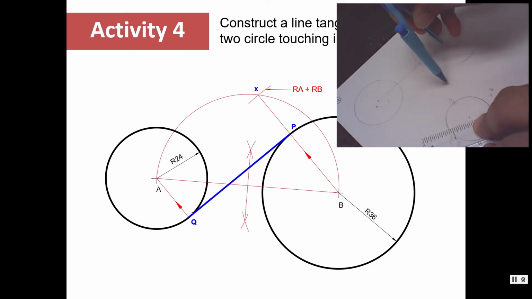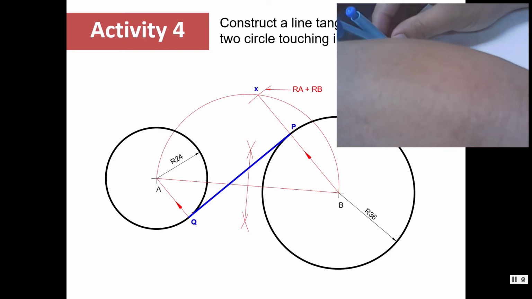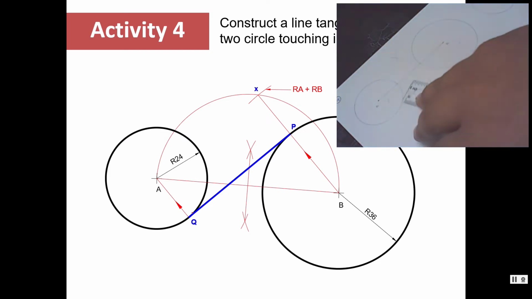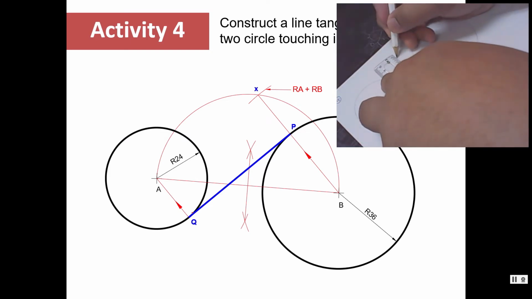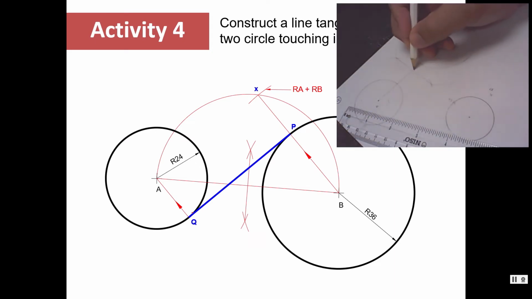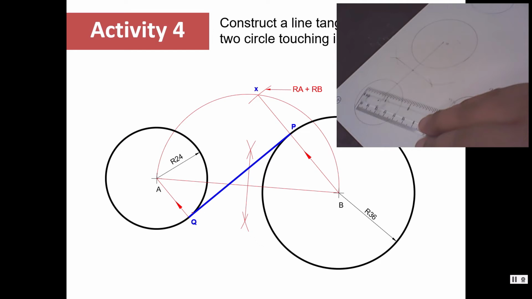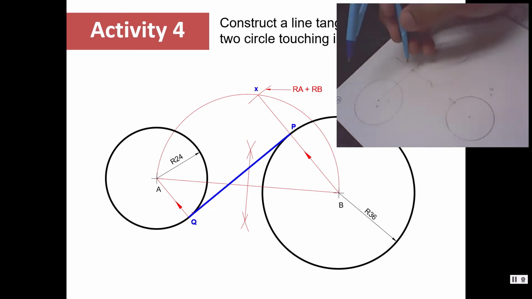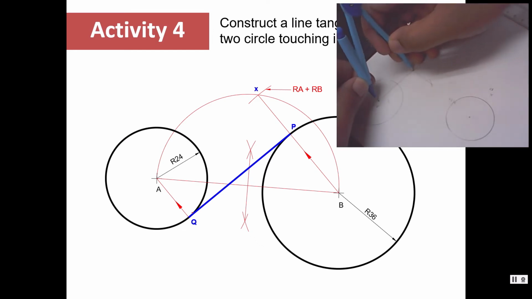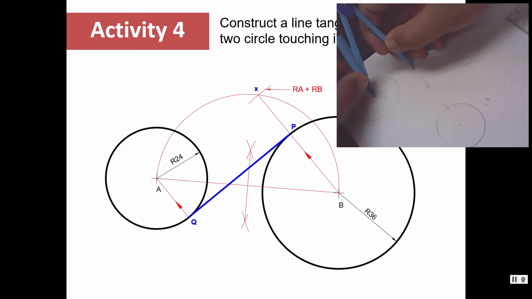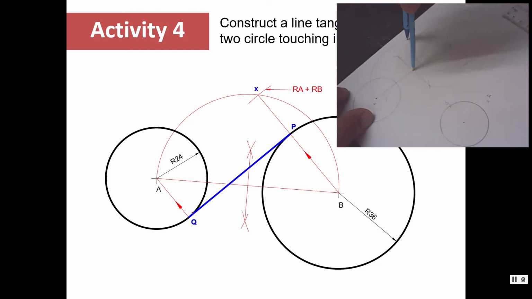Okay, so we found the midpoint of it. So this is the center point from which we want to draw the big semicircle. The semicircle should have the radius from the midpoint to A or B, and then after that we just draw a semicircle like this.